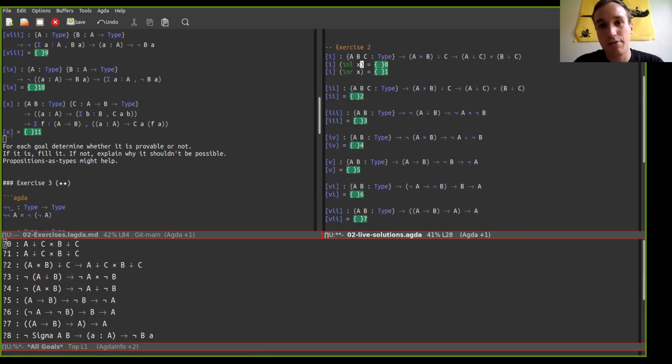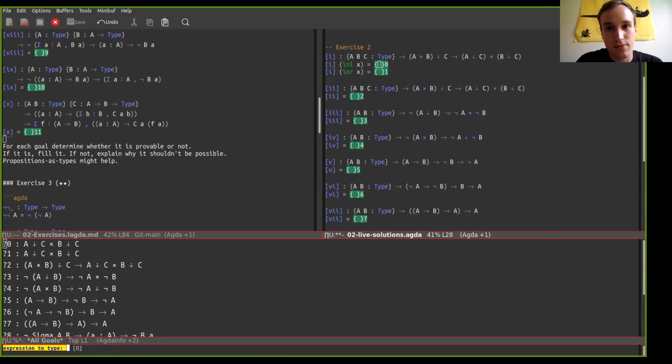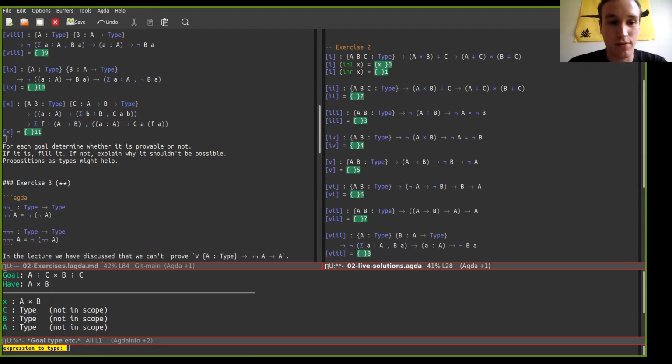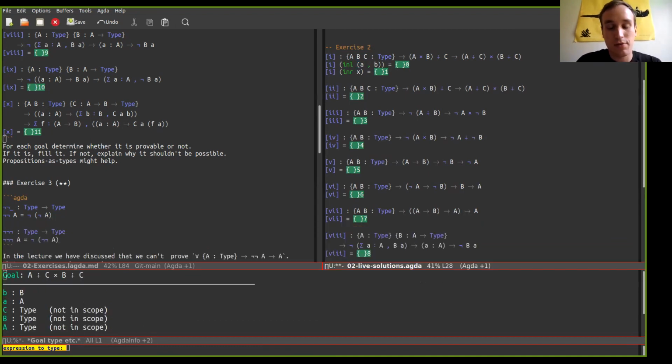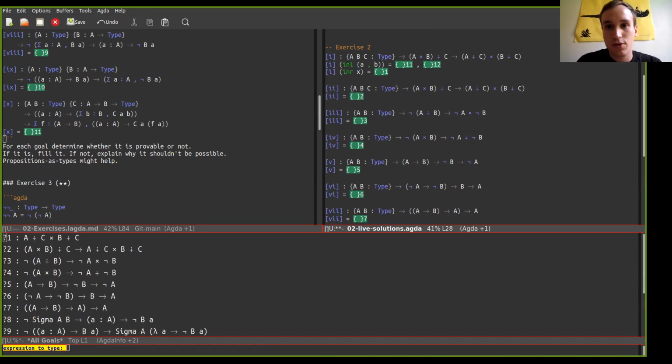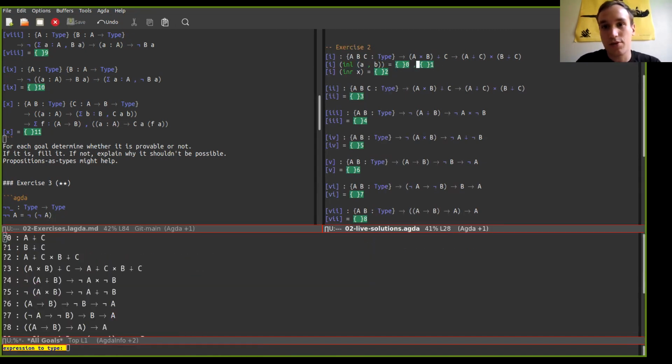So this is an inl, and in the inl case, now X is something of A and B. So we might write X as A, B. And we have to provide a pair, so we can refine and have to give two things.